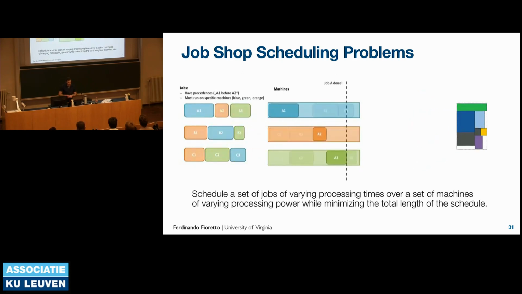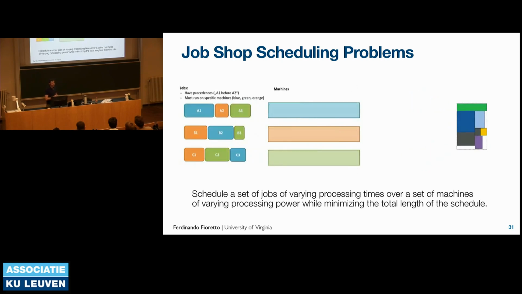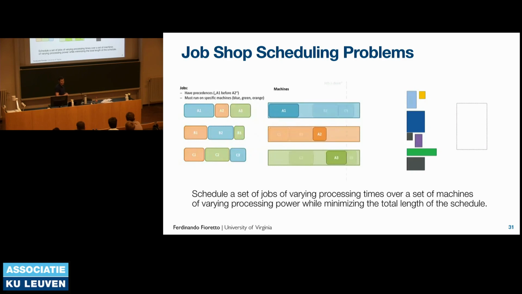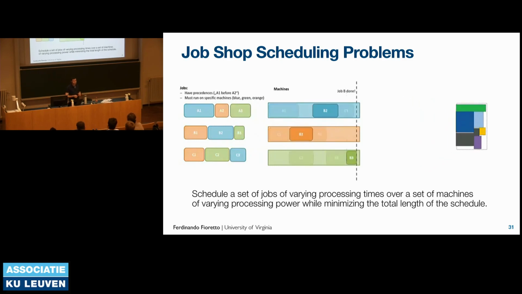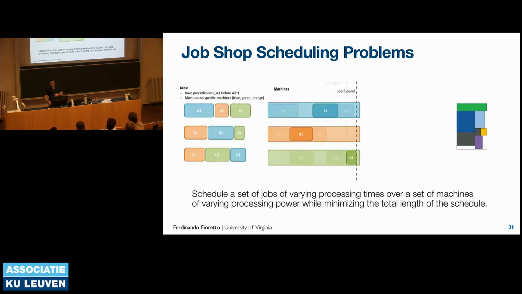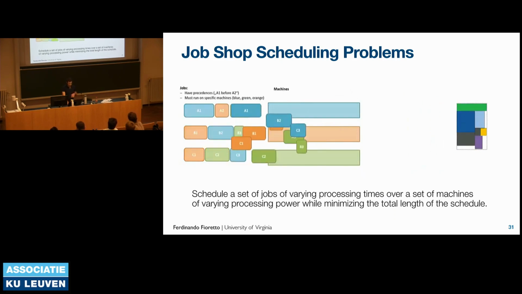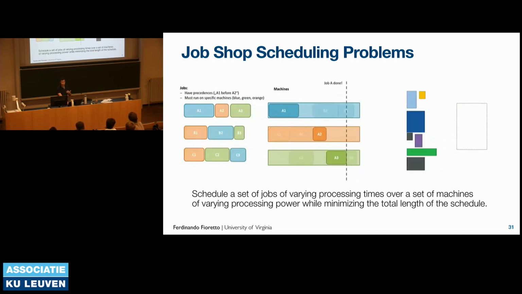You're given a set of jobs of varying processing times that need to be assigned to a set of machines with varying processing powers, and you want to minimize the total makespan, that is the length of the schedule. Those are combinatorial problems, incredibly hard to solve within real-time or short-time constraints.